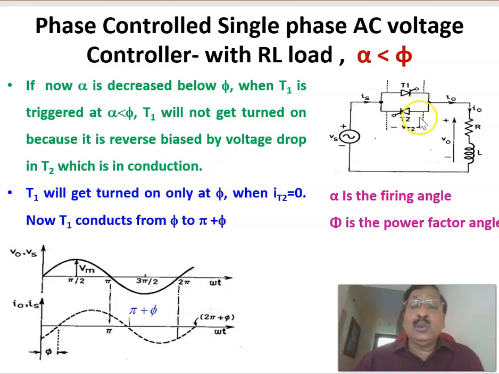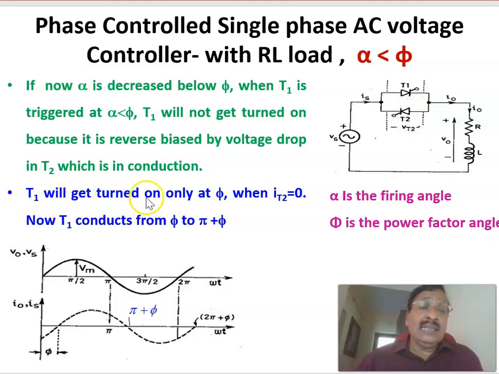And since T2 is conducting, the drop across T2, plus here and minus here, will be reverse biasing T1. Therefore, we cannot trigger this T1 until it reaches the zero current of T2. T1 will not get turned on because it is reverse biased by the voltage drop in T2, which is already in conduction.